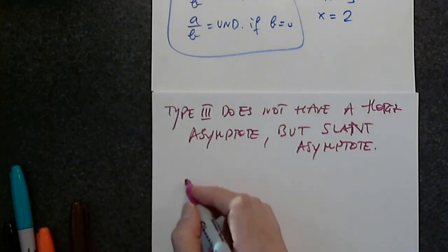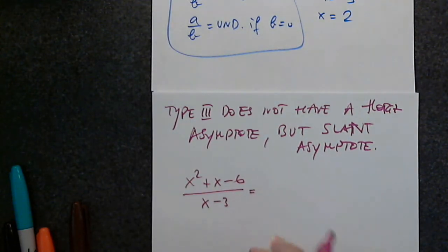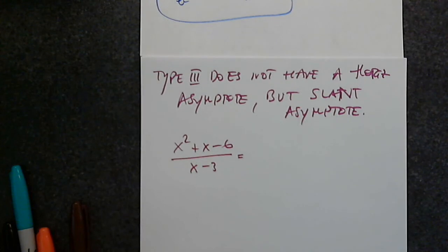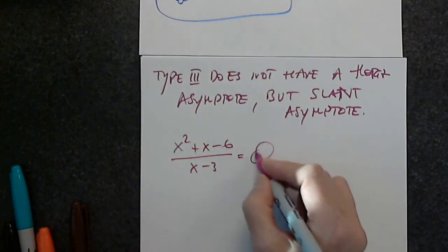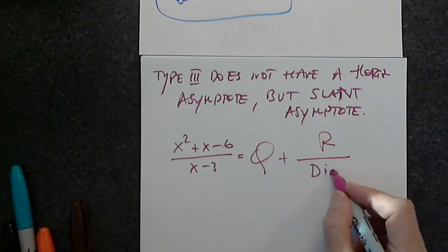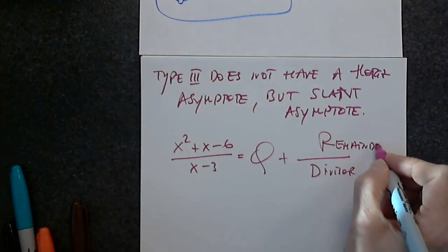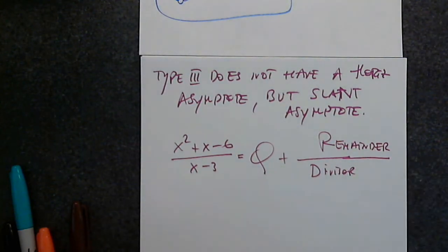Okay, so let's take a look at x squared plus x minus 6 divided by x minus 3. I will use whatever you decide, either synthetic division or long division, to find the quotient plus the remainder over the divisor. And you can ask why, and in a minute I'll tell you why we divide.